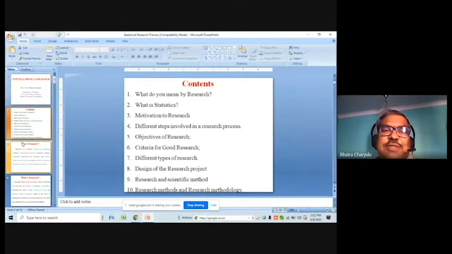So the statistical process and the research process will be the same. Then the objective of research, the criteria for good research, different types of research, design of the research project, research and the scientific method, and research methods and research methodology.